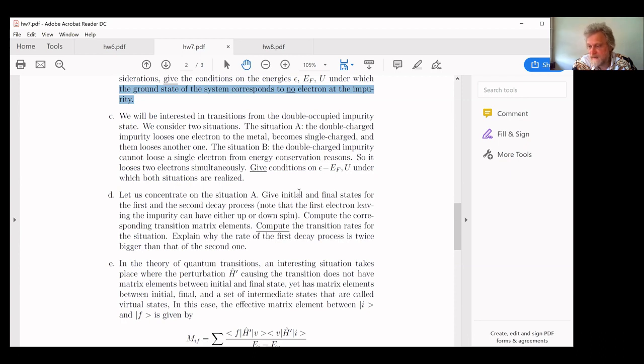First, it goes to state 1 as impurity and emits an electron to a metal. And then this state 1 on impurity may also go off of the impurity. But that depends on energy balance. If the energy of the one electron state appears to be too high, that cannot happen. Then situation B takes place.